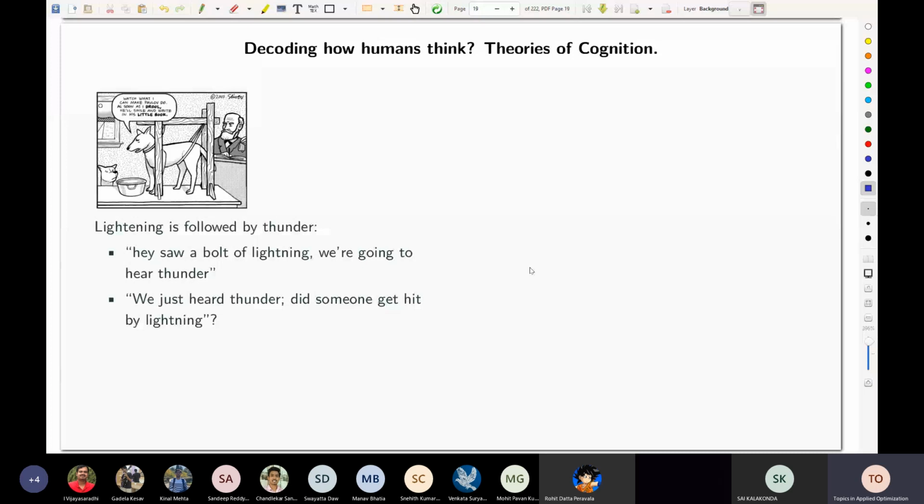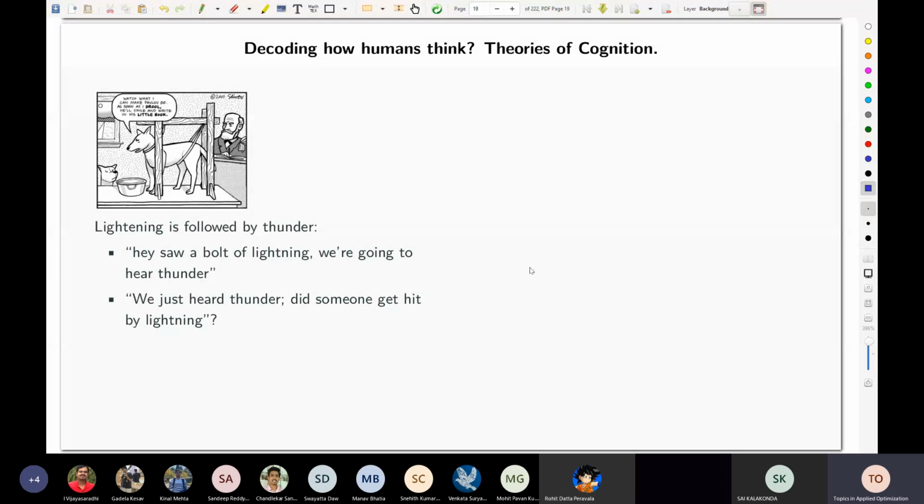How humans think, one example could be that lightning is followed by thunder. One of the things would be like, well, I saw a bolt of lightning and we are going to hear thunder. So that's something we relate to. We relate thunder to lightning, and we just heard the thunder. Did someone get hit by lightning?